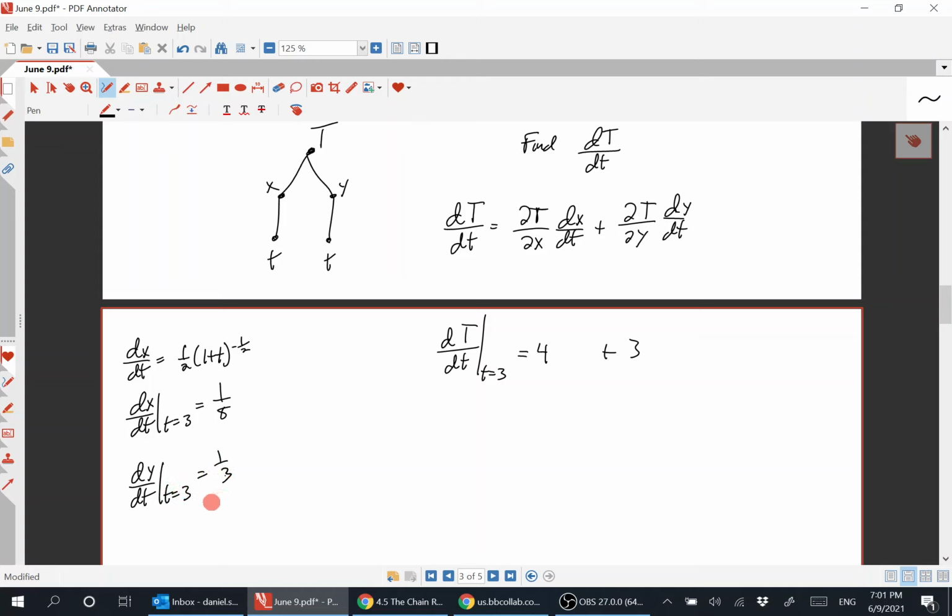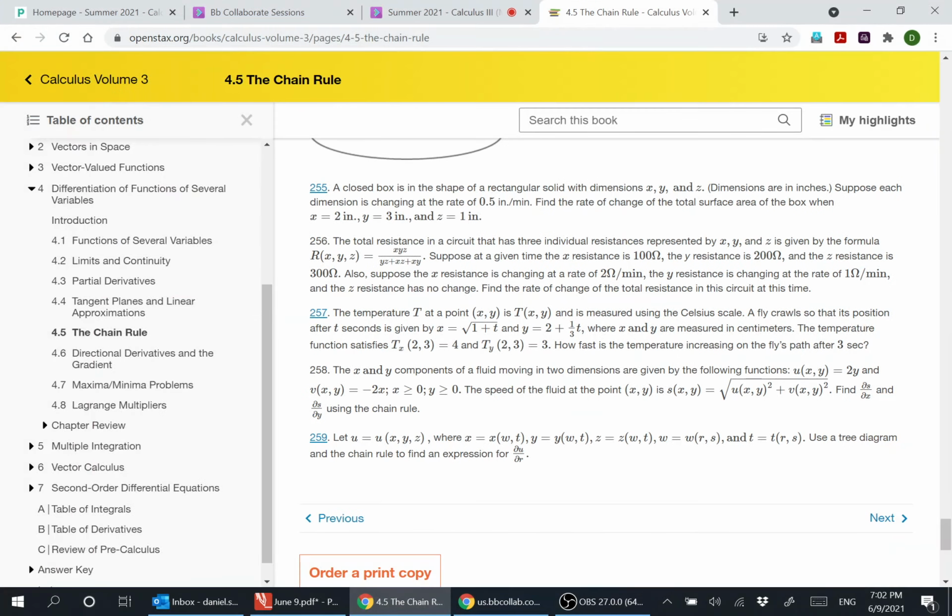So these numbers are 1/8 and 1/3. So dx/dt is 1/8, dy/dt is 1/3. So this is 1/2 plus 1, so that's 3/2 degrees Celsius per minute. Was it minute? Minutes? Seconds.